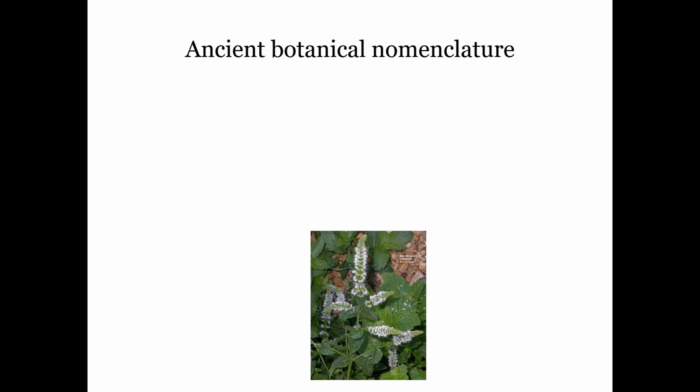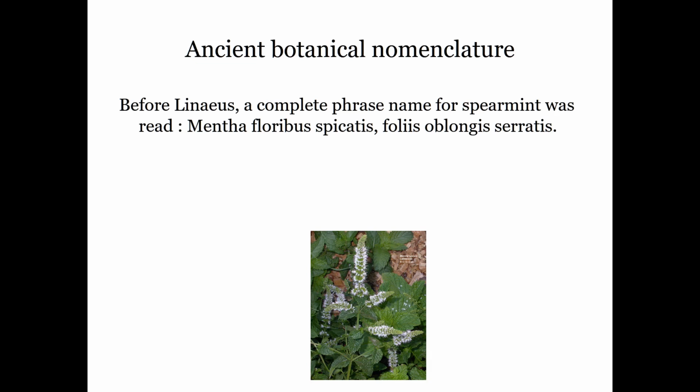I want to real briefly talk about the role that Linnaeus played in generating our naming system. It used to be that a particular plant, like for example this mint, was a long list of Latin names. And if you think the names that we've got to memorize and remember now are difficult, think of how difficult this would be.